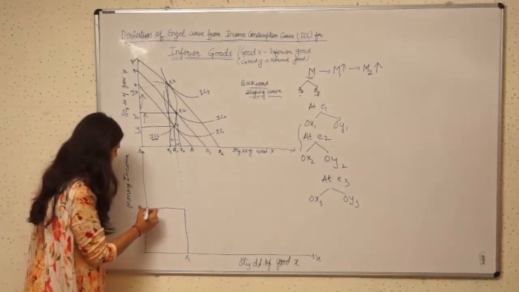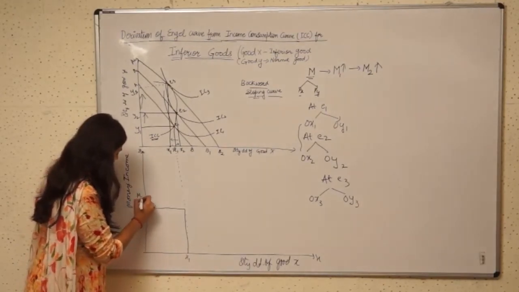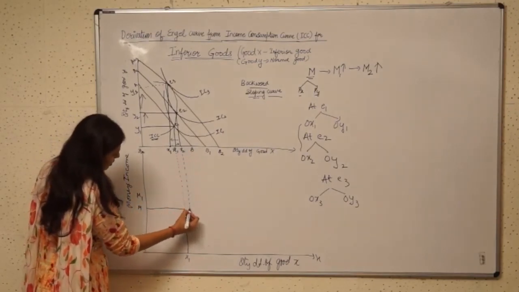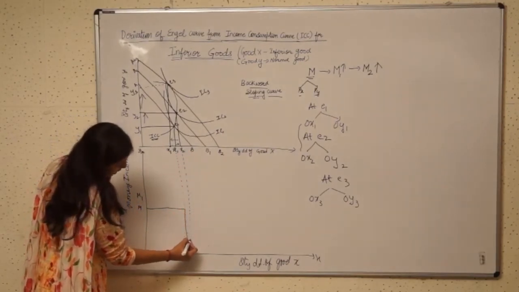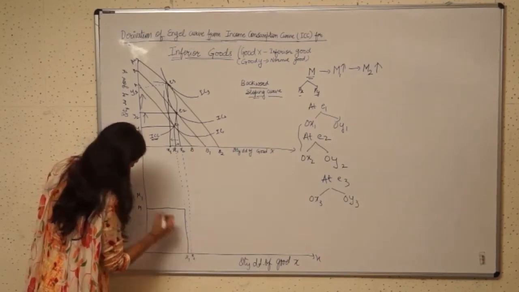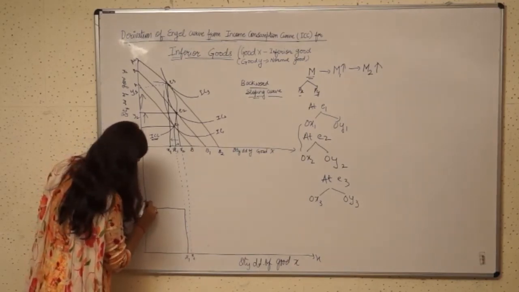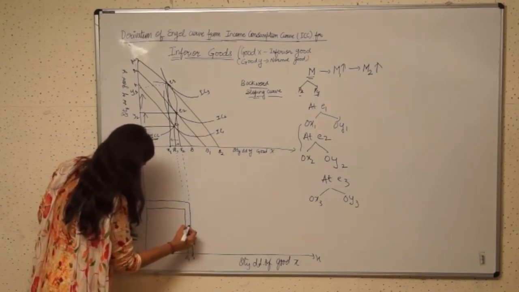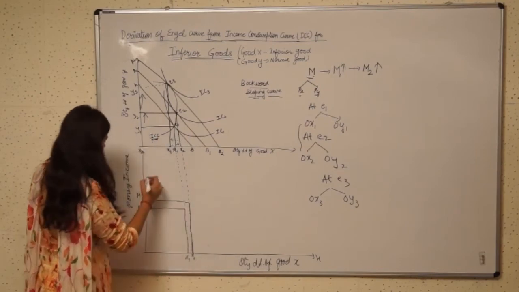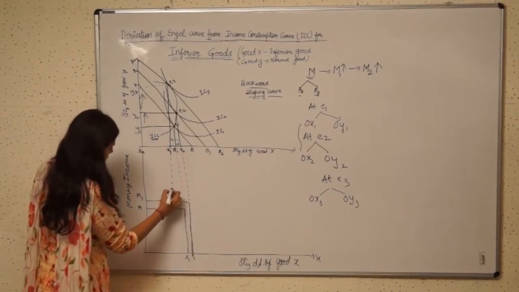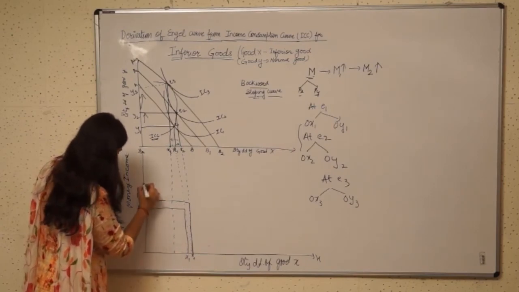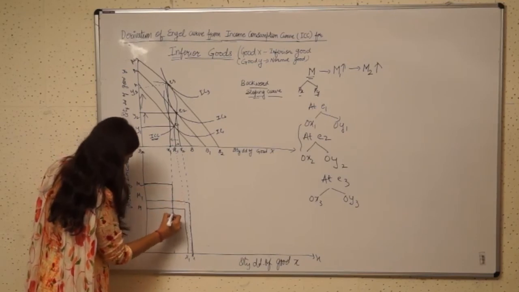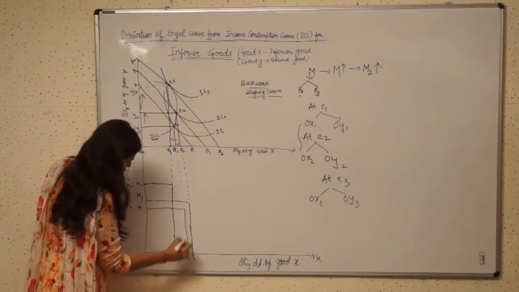Now when the money income of a consumer increased from M to M1, there is an increase in the consumption of X from X1 to X2. Now again, when there is an increase in the money income from M1 to M2, the consumer consumed X3 units.